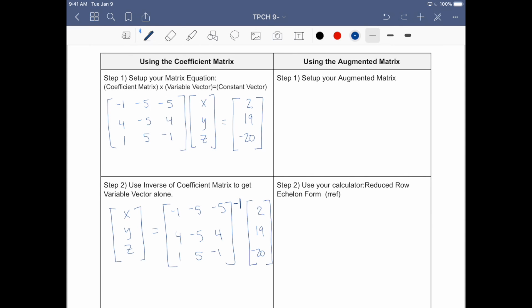All right, step 1 for my augmented matrix. This one is by far my favorite way because I only have to enter one matrix and not two. But, you know, whatever your preference is. So it's kind of like your coefficient matrix over here.